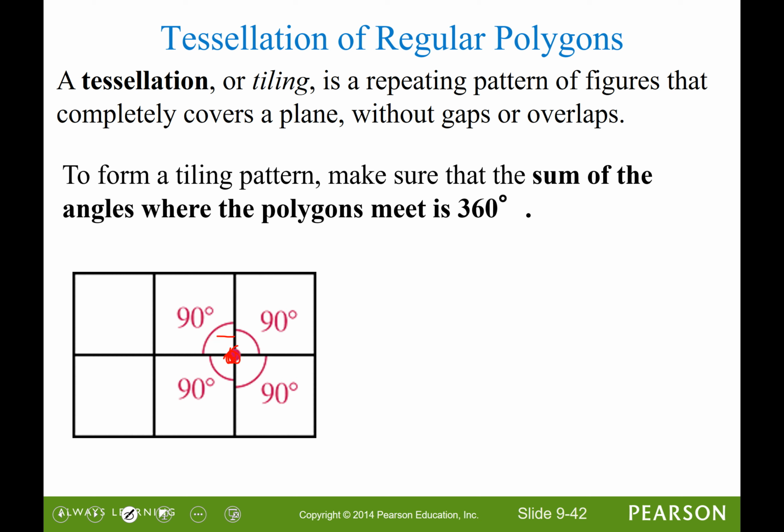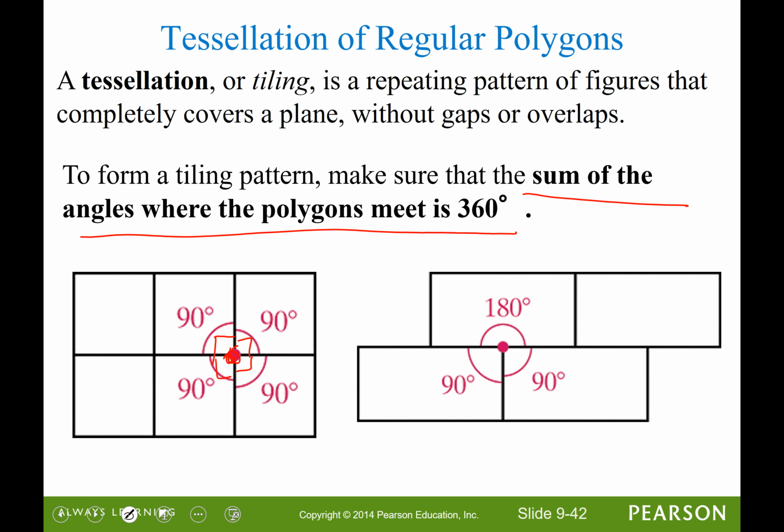And so that would be 90 degrees plus 90 plus 90 plus 90, which equals 360. If it was less than 360, you would have a gap. And if it was greater than 360, then one of your tiles would be overlapping one of the other tiles. So you want the sum of the angles where the polygons meet to be 360 degrees.